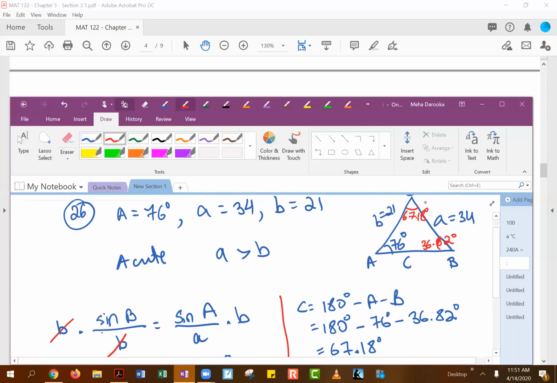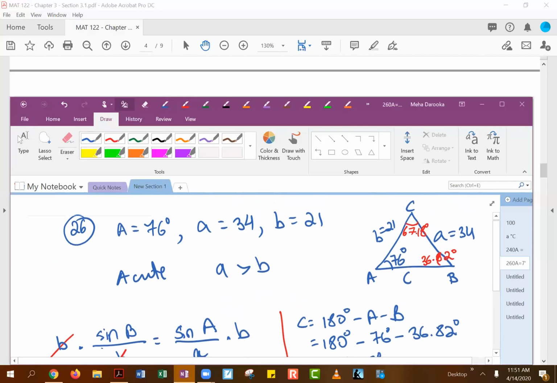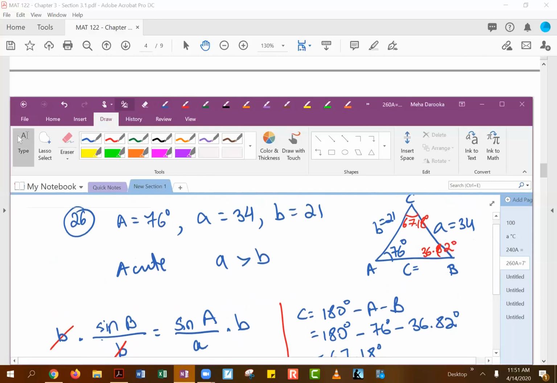And that leaves us with finding the side of C. Yeah, finding side of C. So in this case, again, I would use angle A and side A because they were our given values.